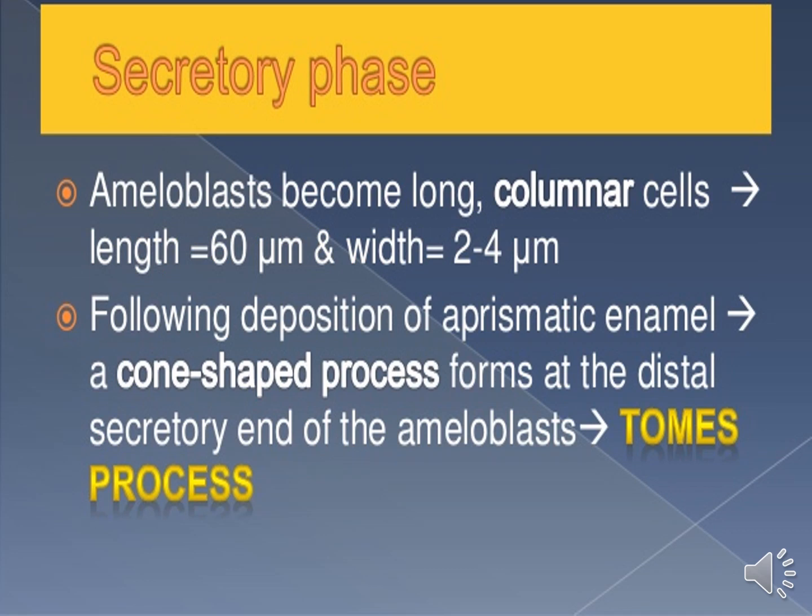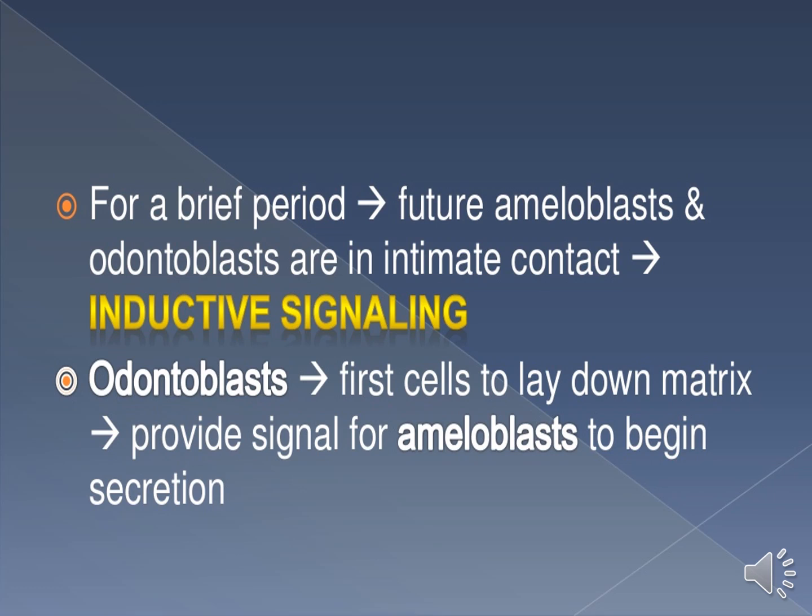So the next stage is the secretory stage. This secretory stage corresponds to formative stage of the amelogenesis, life cycle of the amelogenesis, wherein there will be development of Tomes process at the distal end. So these are the cone shaped projections from the distal end which jet into the forming enamel matrix.